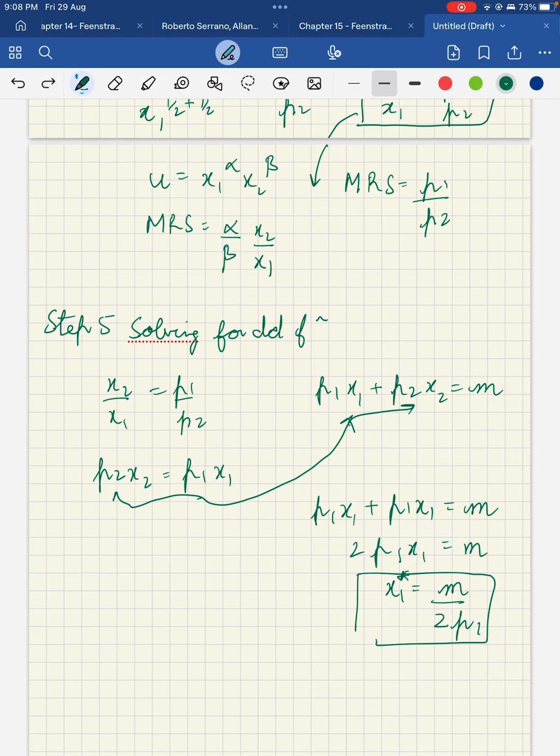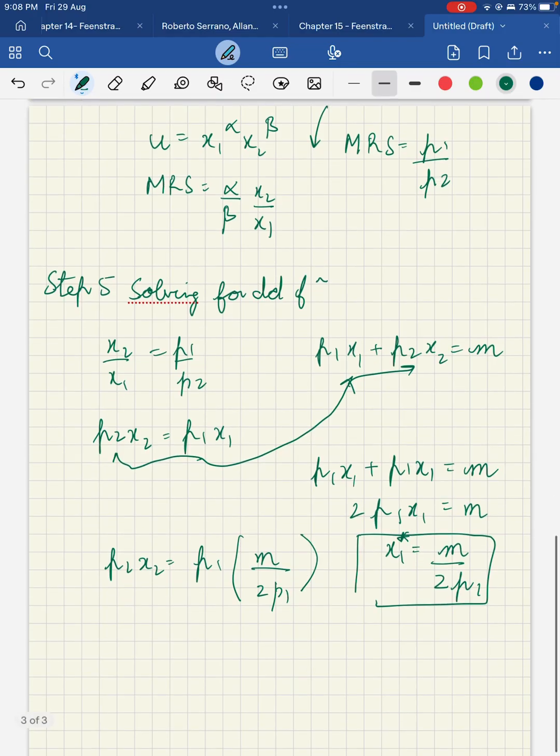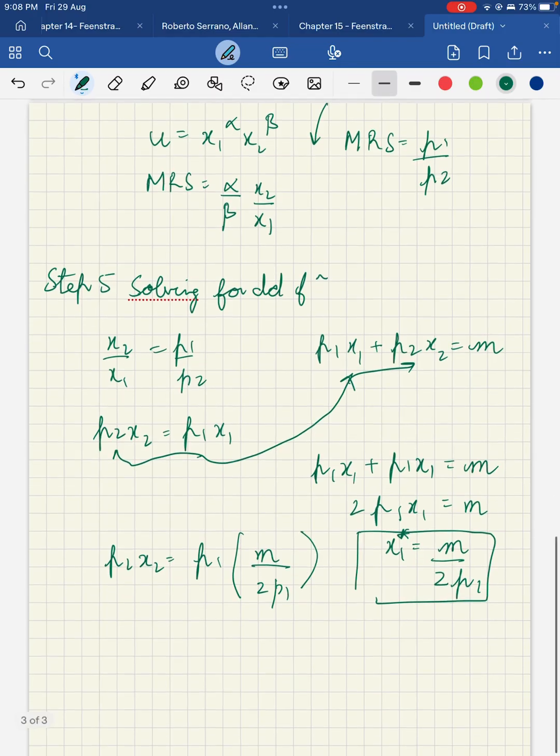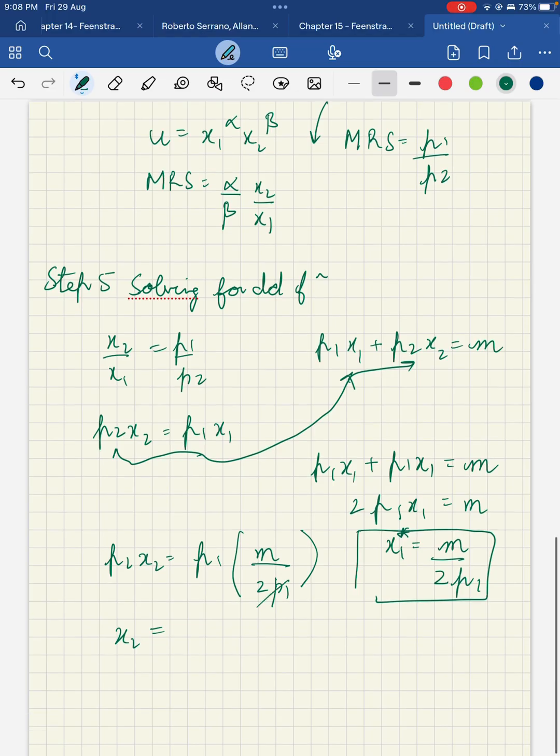Then similarly, I can also calculate x2 star. I can substitute my x1 star into this equation P2x2 is equal to P1x1 and get P2x2 is equal to P1 times M upon 2P1. P1 cancels out and I get x2 is equal to M upon 2 P2.